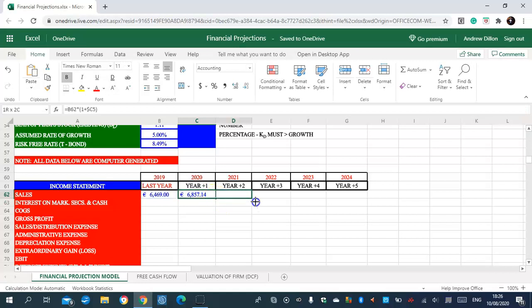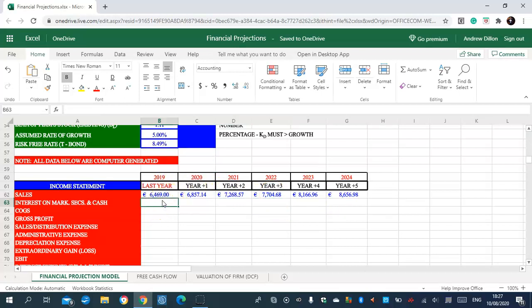That's the correct answer. Yeah, so that's how you do it. Equal to B62 star, which is multiplication, multiply, bracket 1 plus $ sign C5 bracket, and that's the answer for each of these consecutive years for the sales.